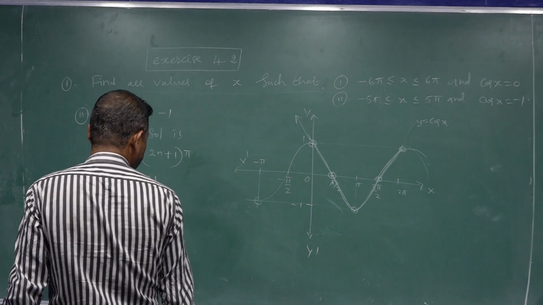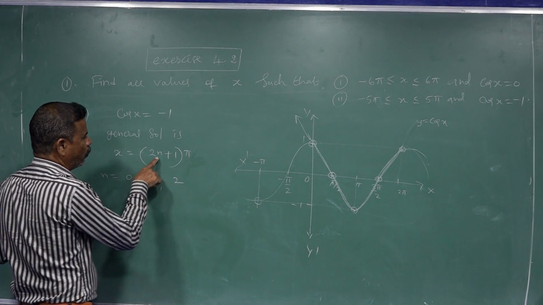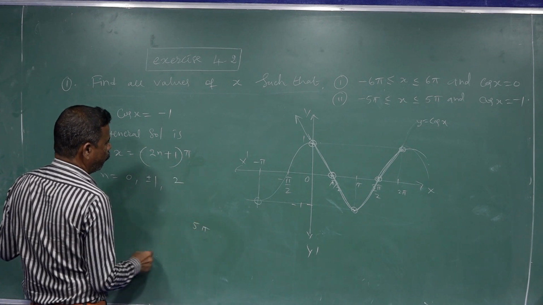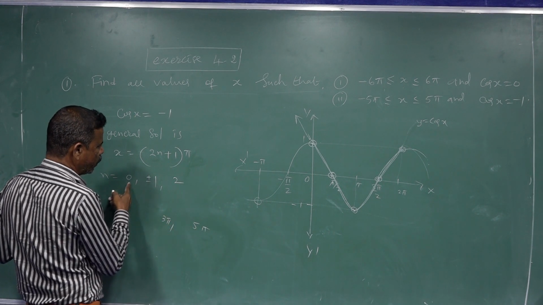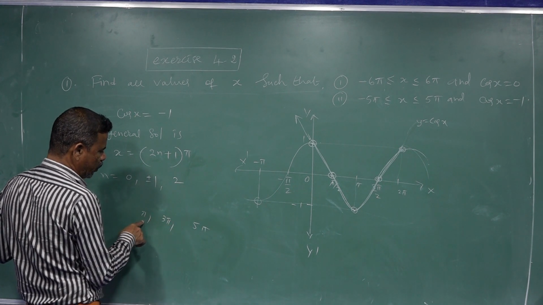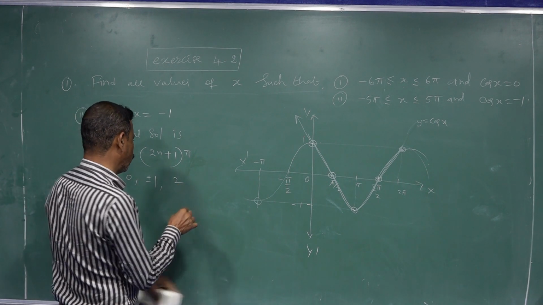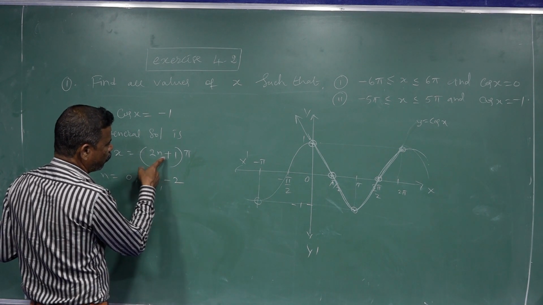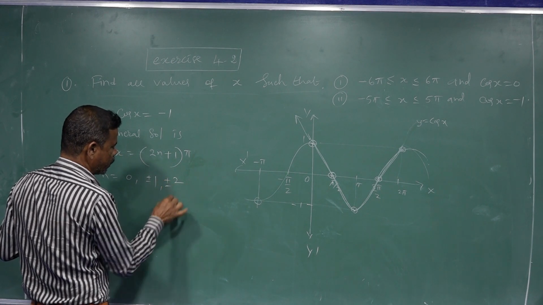If we check 2 plus 2, 4 plus 1, 5π. Before this 3π. Before this 0π. How much gap? Here to here 2π gap. So plus 2 also exists. Minus 2, minus 4 plus 1, minus 3π. Minus 3π also exists.